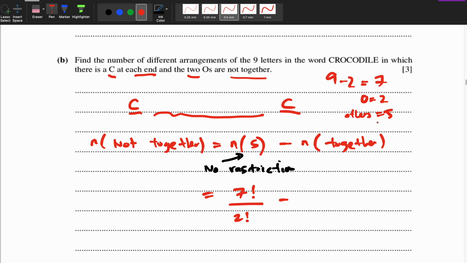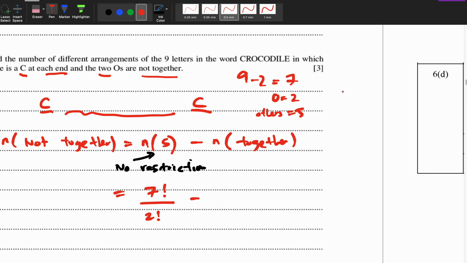When they are together, what does it mean? It means the O and O are tied together with 5 others. That means we have other letters like R, D, I, L, E. If you count one by one, the OO pair is considered as one object, so we are going to arrange 1, 2, 3, 4, 5, 6 objects at the same time. 6 objects means this one will form 6 factorial.